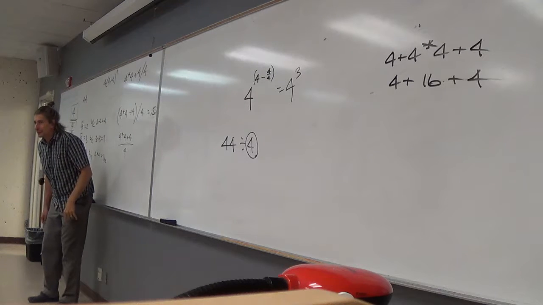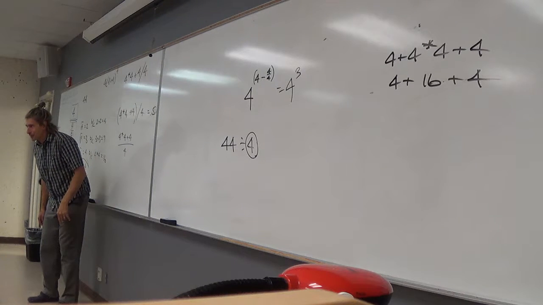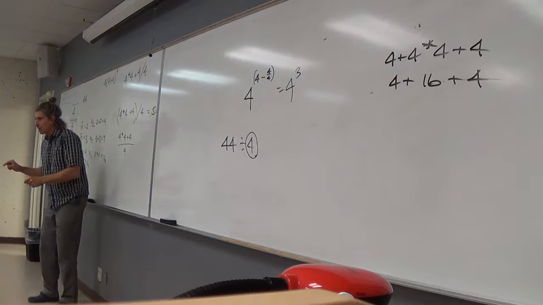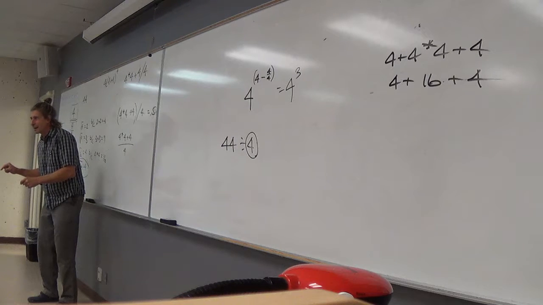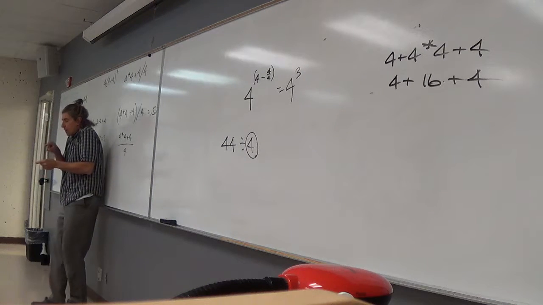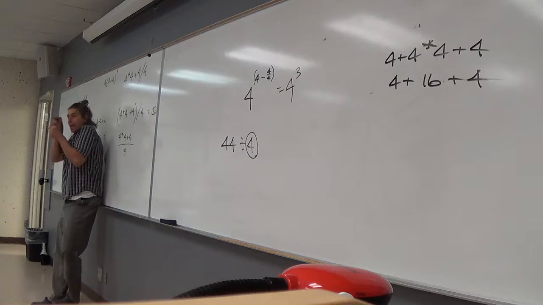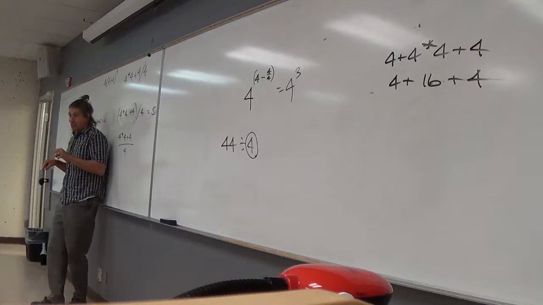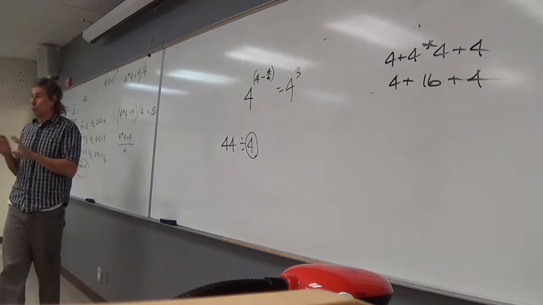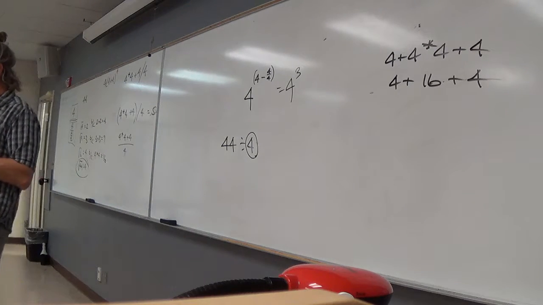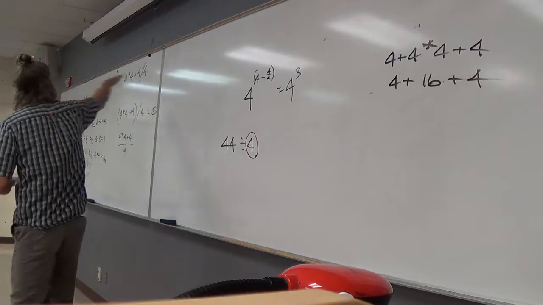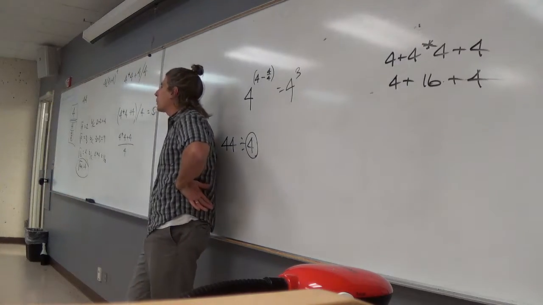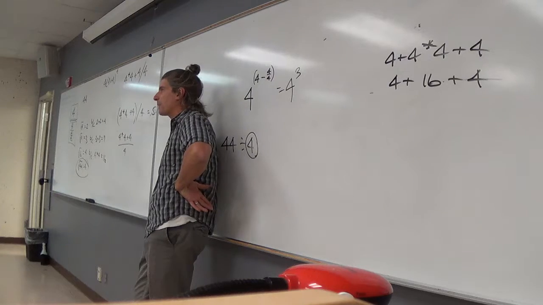But the calculator assumed something when she was pushing those buttons. You see what I'm getting at here? It's almost like when she went 4 times 4, and then she hit plus, it said 16. Yes, it took her ordering away and gave it its own ordering. In other words, it assumed she put all these things in. I don't know how it would have made that assumption, because you were building the expression as you went.